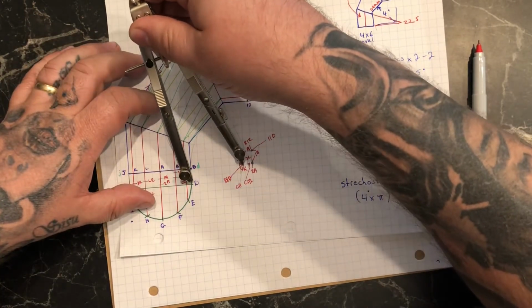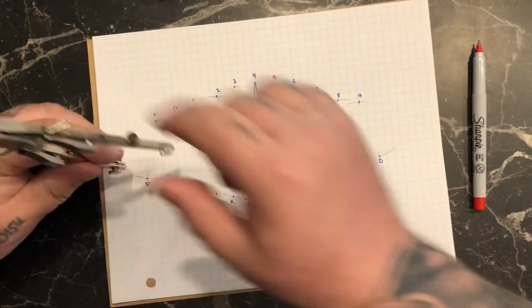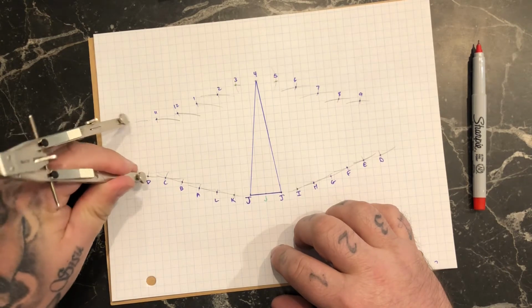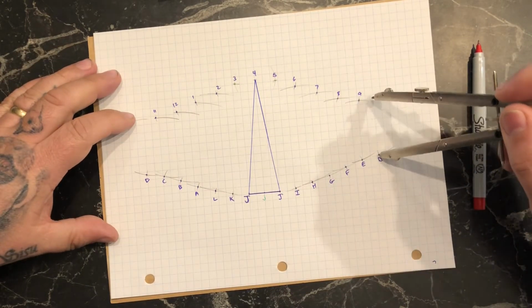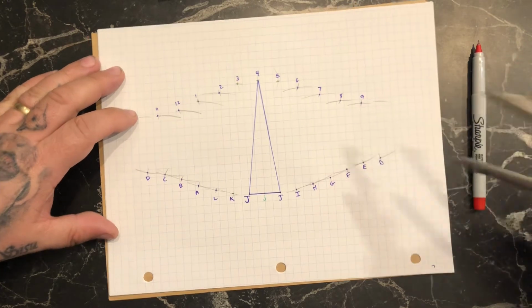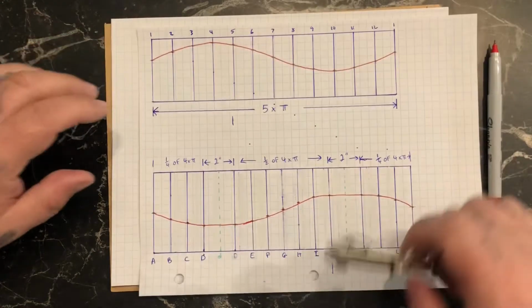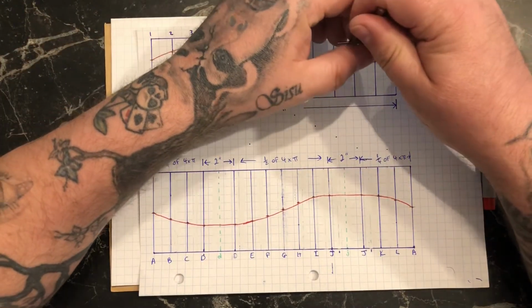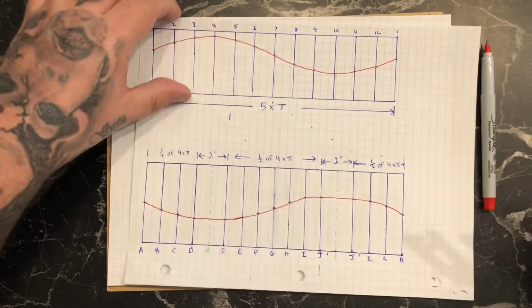So taking that D10 there, and to get my very last point, get my 10 and 11.